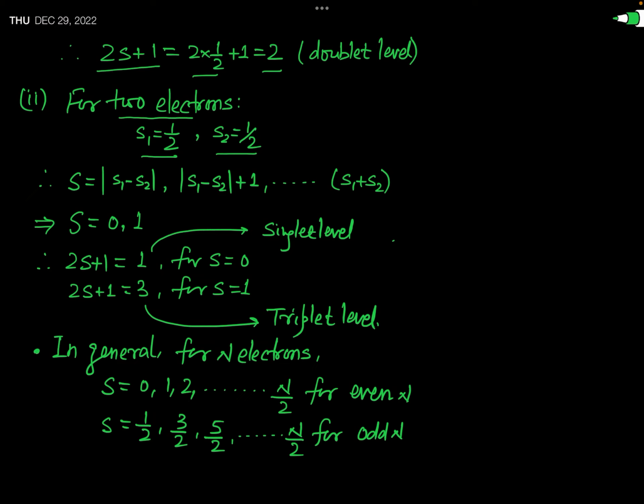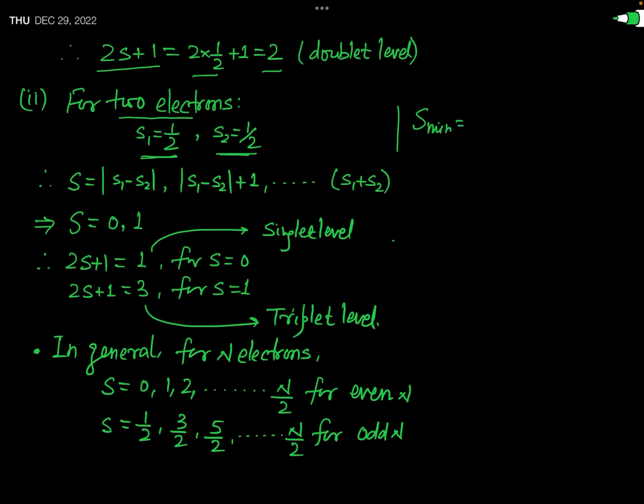Okay. Now what will be the total spin angular momentum quantum number capital S in this case? As I have told you, S has actually 2S plus 1 values lying from minimum S to maximum S. Since there are two spin quantum numbers, the minimum value S minimum will be what?